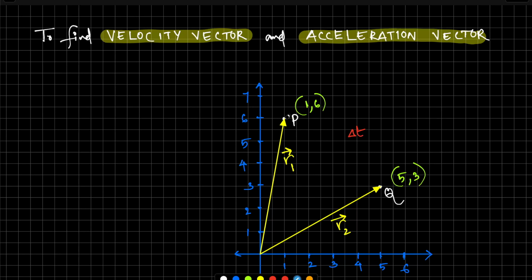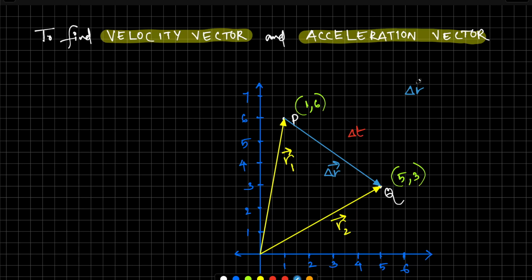Now, if you draw a vector from point P to point Q, okay, this is that vector, and we call this vector displacement vector, and it is represented using delta R. That's the displacement of the object. And how do you find the displacement?